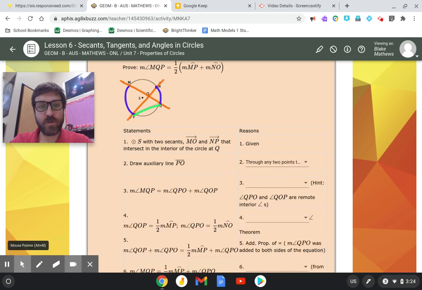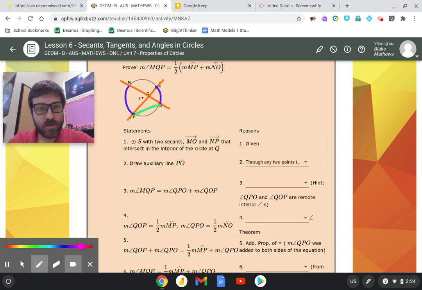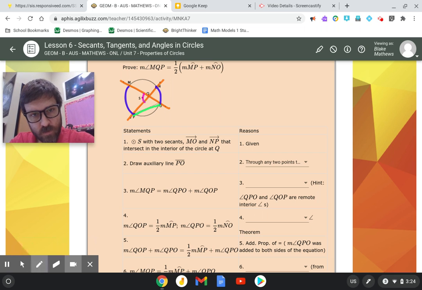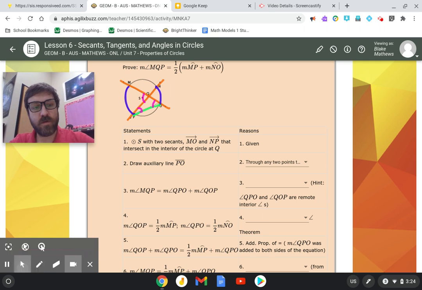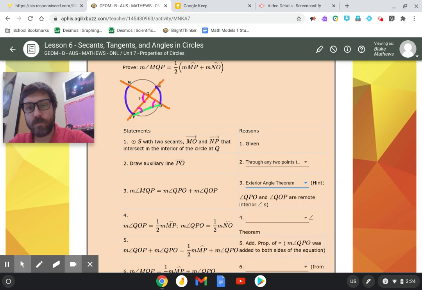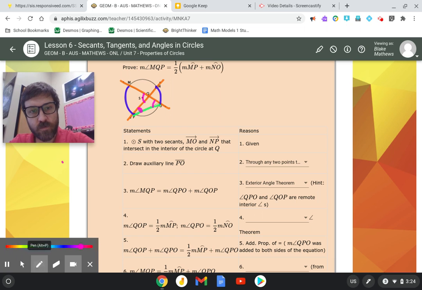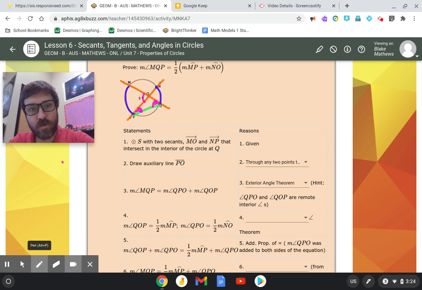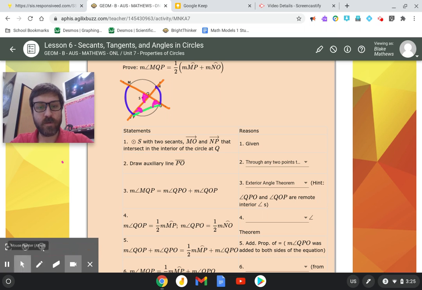Then they say that MQP is equal to QPO plus QOP. Looking up here, MQP is this angle, QPO is this angle, and that's using the exterior angle theorem. MQP is an exterior angle of the triangle, and so those angles have to add up to each other.